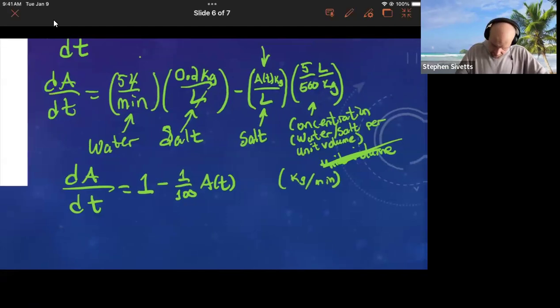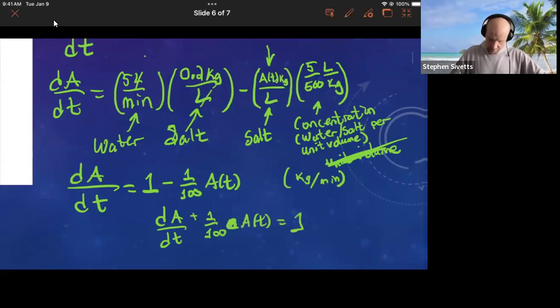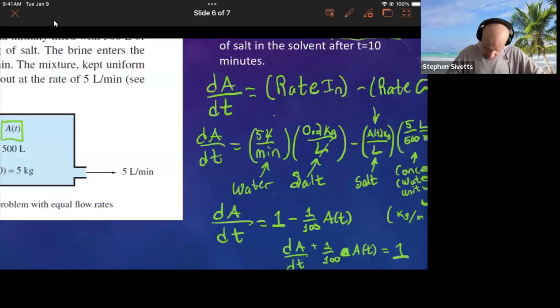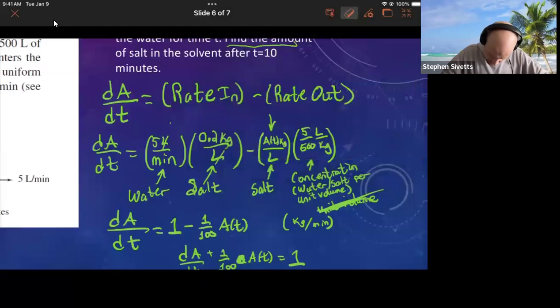Okay, so in standard form, right, we'll have dA/dt plus 1 over 100 times A of t equals 1, right?